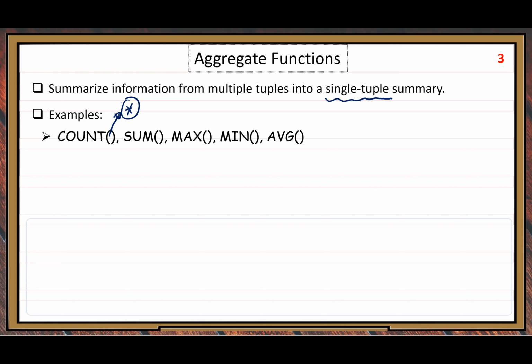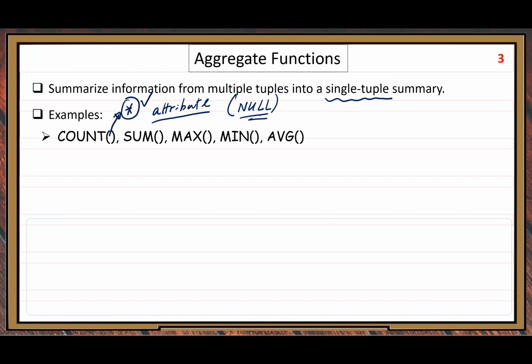Because you just count the number of rows in a table. But we will see later one example using the star way and using the attribute name. These two different ways have some important difference, and that difference is related to the null value.